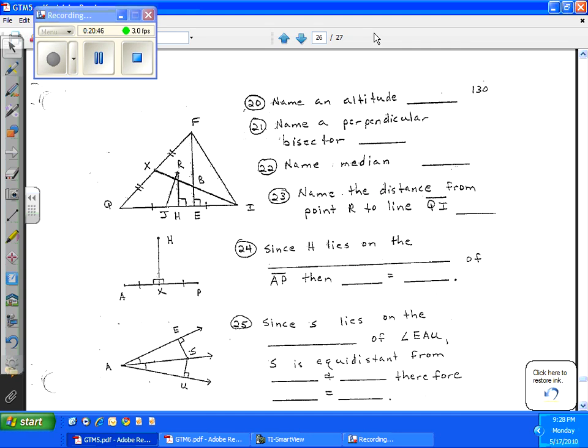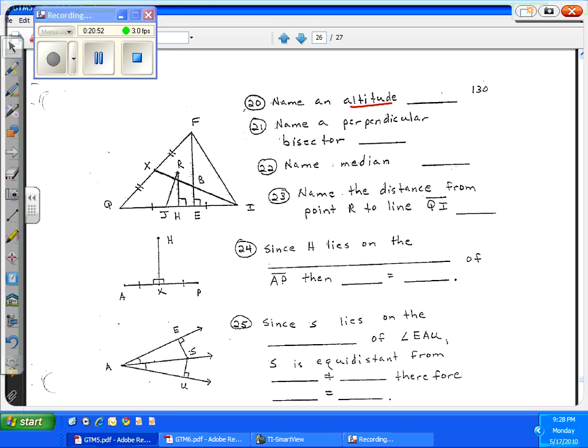Number 20, we want to name an altitude. An altitude is a segment from a vertex perpendicular to the line that contains the opposite side. Here's a vertex. This is the line that contains the opposite side, QI.